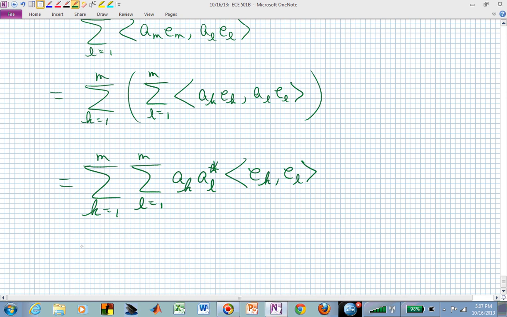But what do we know about the inner product of those orthonormal vectors? They're orthonormal, aren't they? So the only time you have anything that's non-zero is when the indices on those vectors are the same. This is effectively delta sub KL, isn't it?